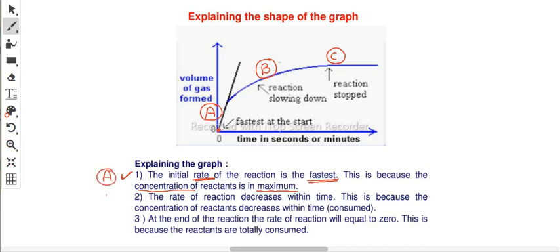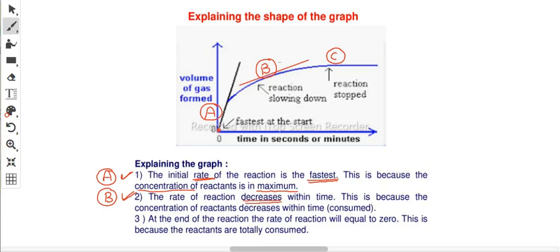Continuing with stage B, which is the second part of my graph, you're going to find that if I draw a tangent at any specific time, the tangent in this situation will become less steep. So what happens to the rate within time? It of course decreases.